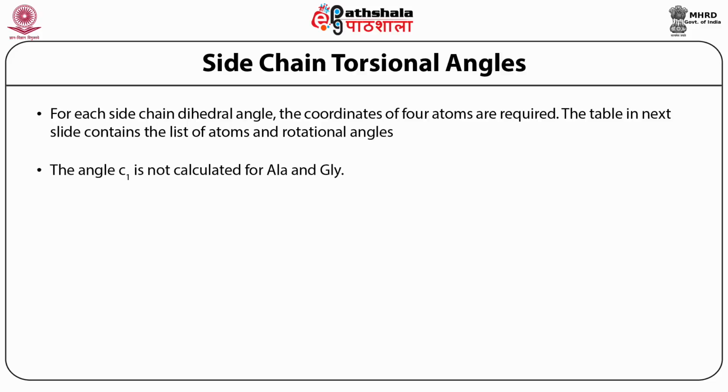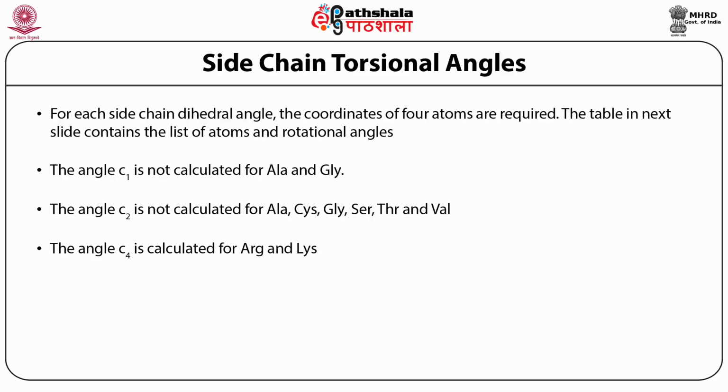The angle chi1 is not calculated for alanine and glycine. Angle chi2 is not calculated for alanine, cysteine, glycine, serine, threonine, and valine.